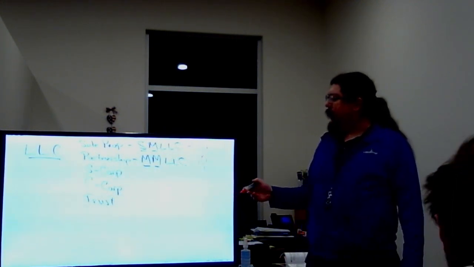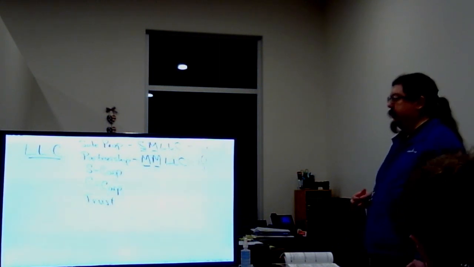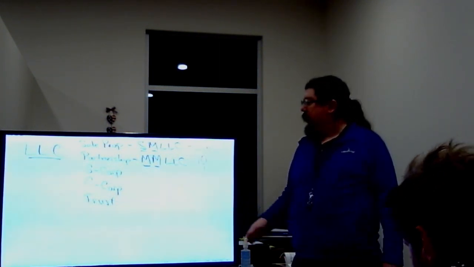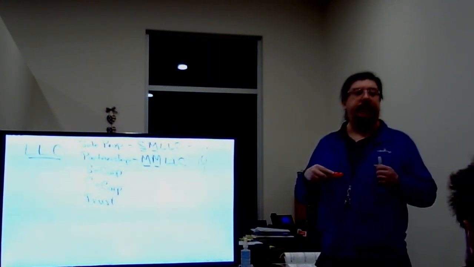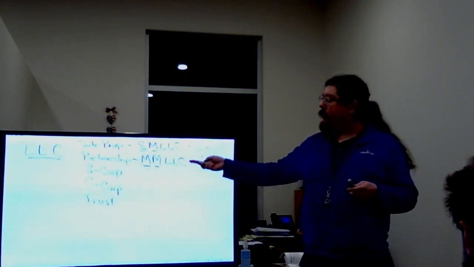So partnerships do not pay taxes, but they file tax returns. And each partner pays taxes on their share of the income. And that is true even if they don't collect any of that income. So if all the money stays in the business, each partner still has to pay taxes on their proportional share of the income.